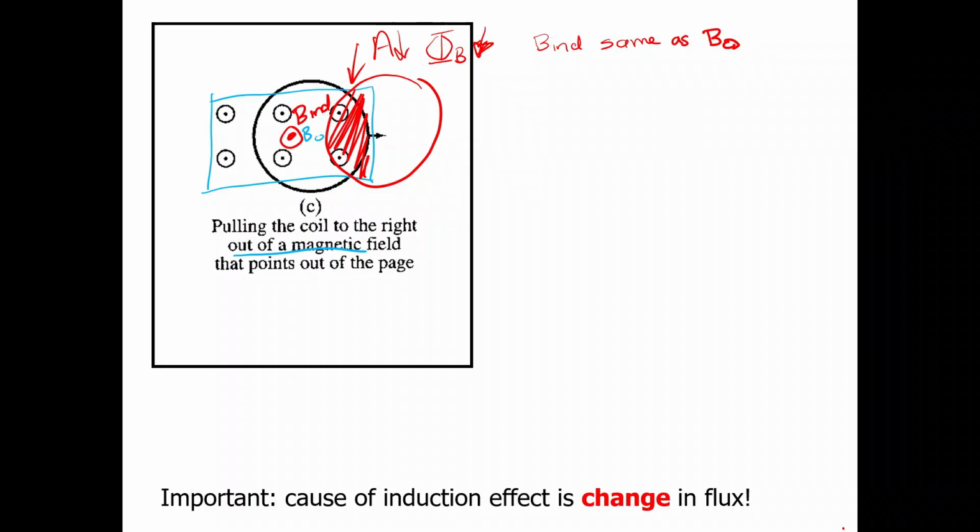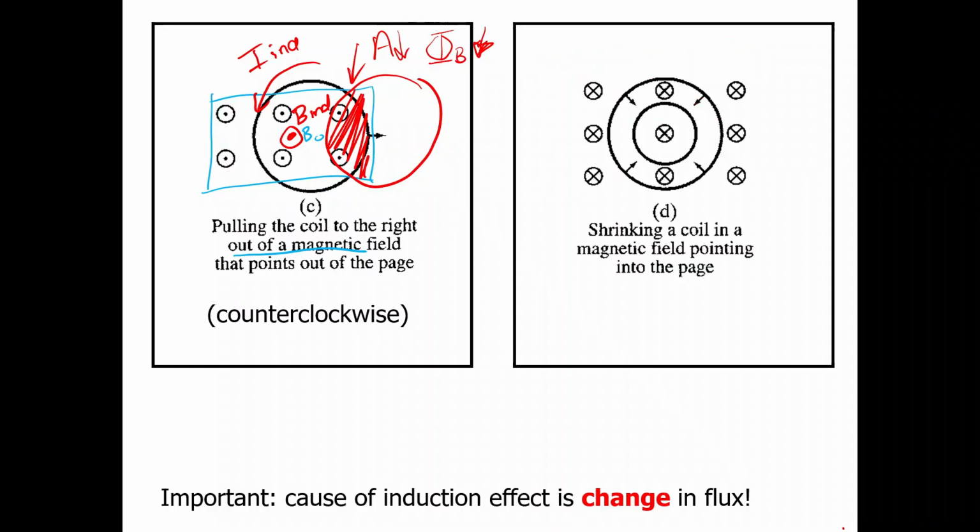If I put my thumb out of the page, this is going to cause an induced current to also be in the counterclockwise direction, like with our first example. This is the big thing: if your flux is decreasing, your B induced has to help B0, so it's going to be in the same direction. In this case, we get a counterclockwise current. So try this one. Pause and see what you get.